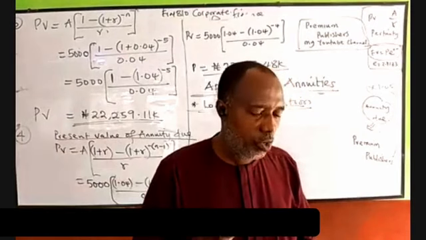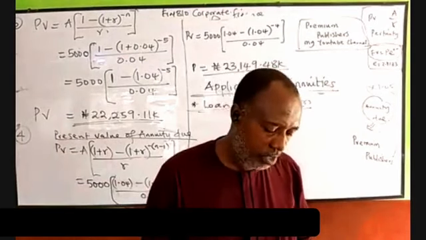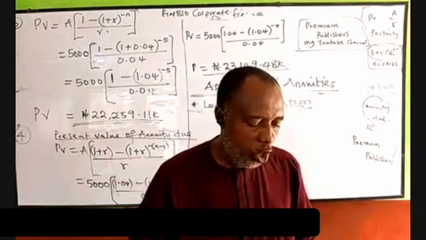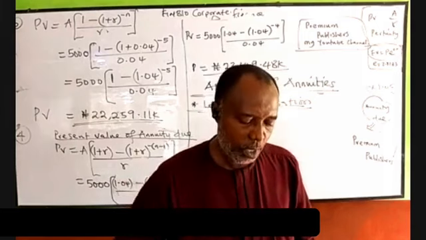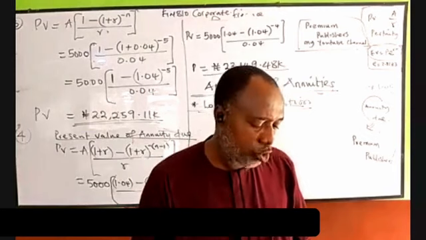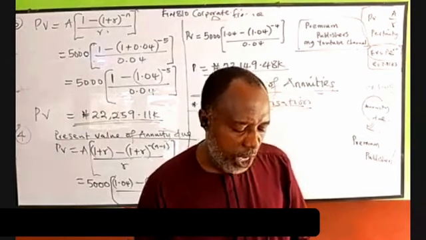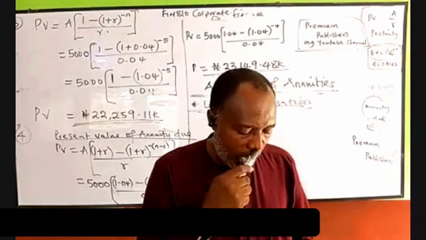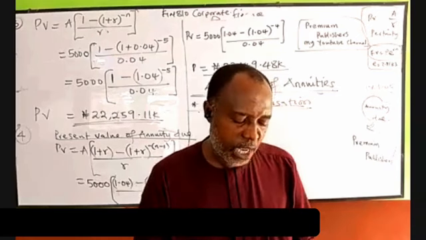I take it again. Consider a loan of 5,000. If the loan is repaid in 4 annual installments, at the end of each year, and the interest rate is 6% per annum.